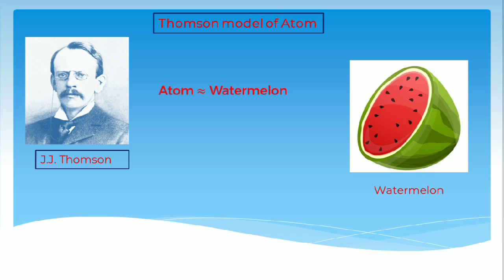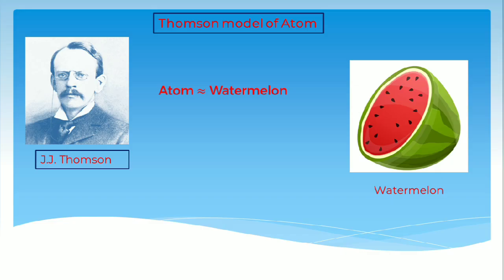So students, today we'll discuss the Thomson model of atom. Remember that atoms are extremely small, so scientists cannot see them directly with their eyes. Therefore, they performed experiments and proposed models.